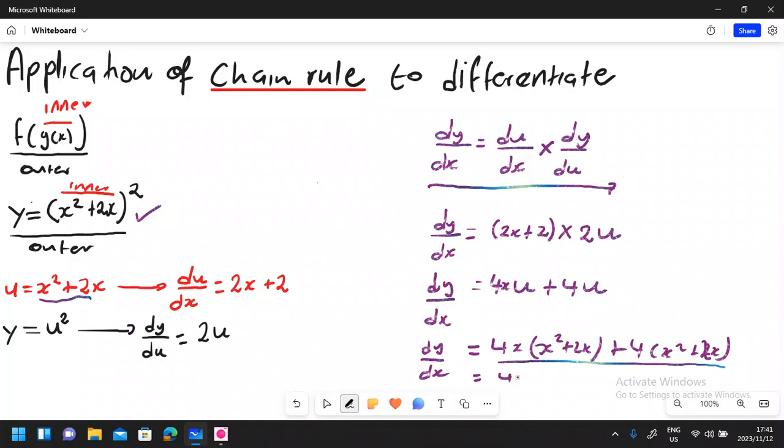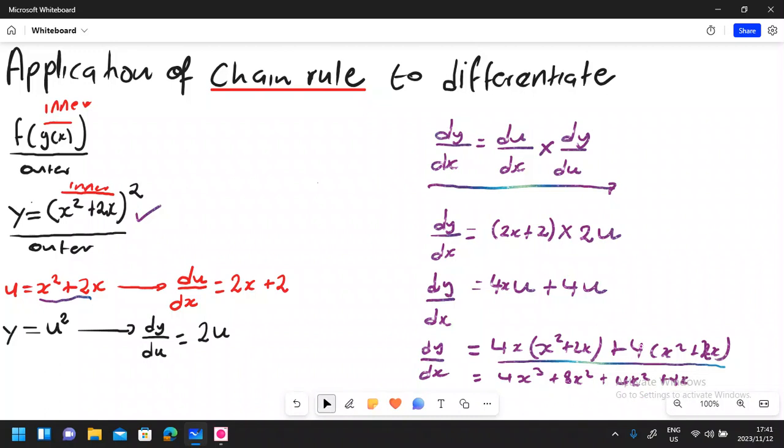Basically this is where you're supposed to stop and remove the brackets. You're going to have 4x cubed plus, what is this? This is going to be 8x squared, plus 4x squared, plus 8x.